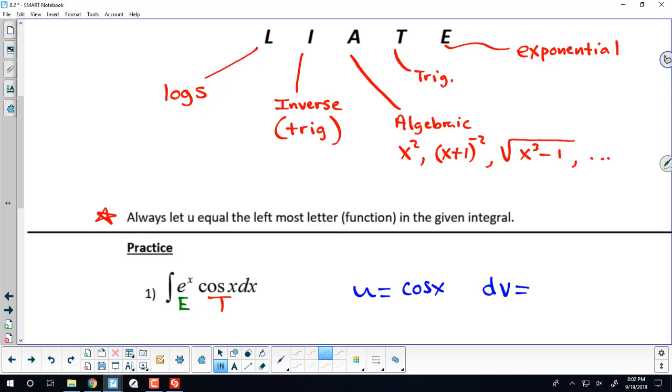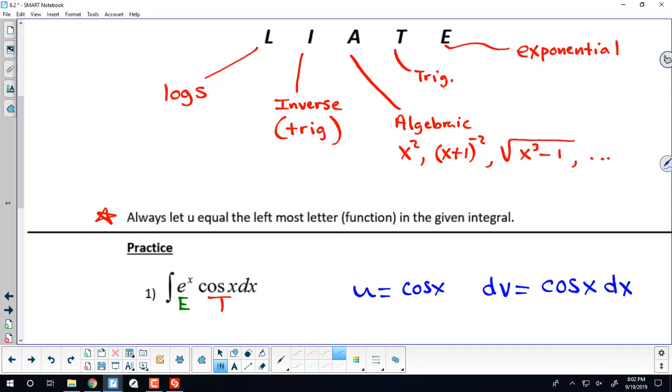And then dv is the rest of that. dv is cosine x dx. These differentials with the d's should have differentials with them. We're not going to actually integrate that. I just wanted to get a couple of examples in with identifying u and dv.